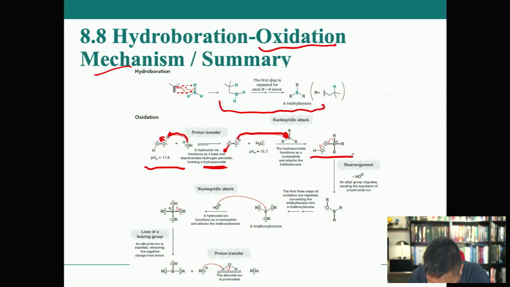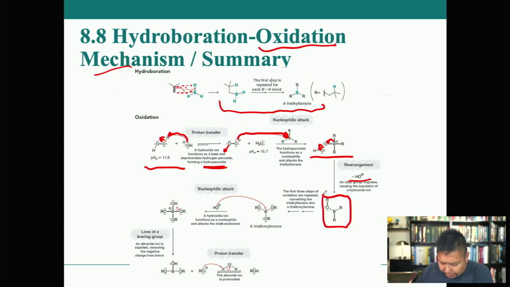Rearrangements occur, right? One of the alkyl groups will come over and rearrange itself so it attaches to the first oxygen, and that makes it so that we lose a hydroxide, which is right there. And now we have this structure here.